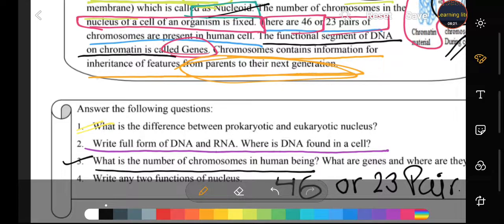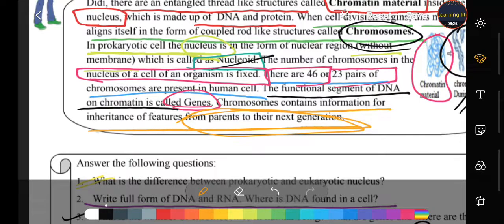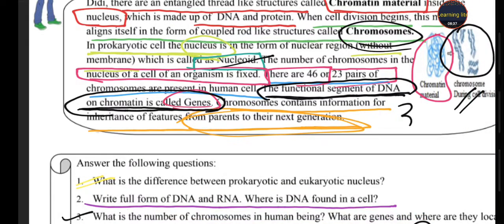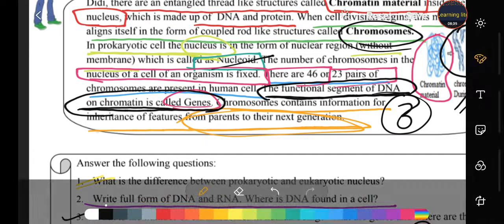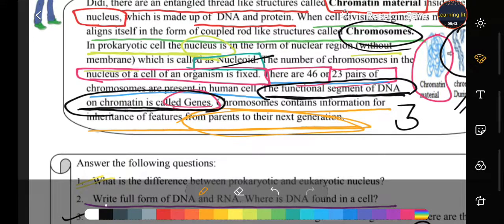What are genes and where are they located? So student, this is your answer. The functional segment of DNA on the chromatin is called a gene. So this is the answer to your third question. And they are located in the nucleus.